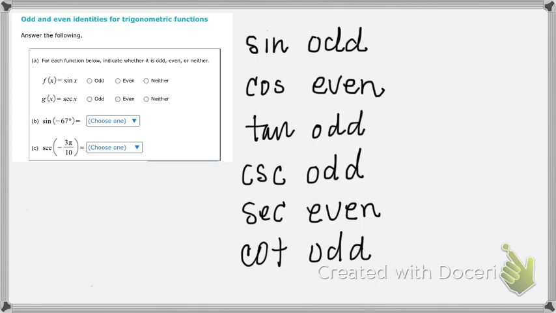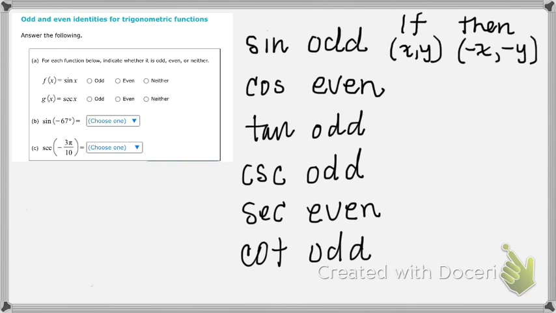Okay, so what does this mean, odd and even? This could be difficult to follow, but what an odd function means is that if the function has coordinates x and y, then it must also have coordinates negative x, negative y.